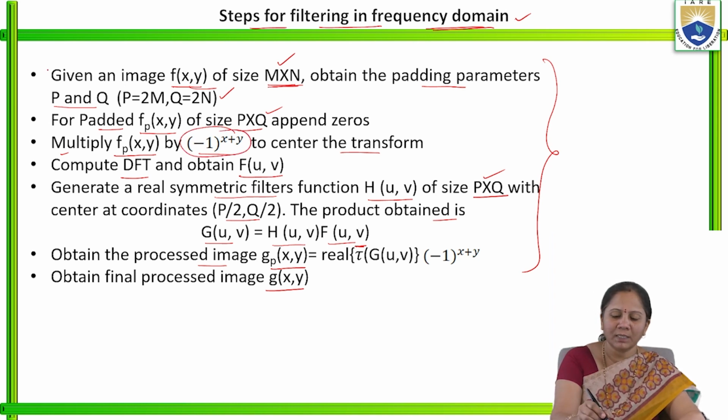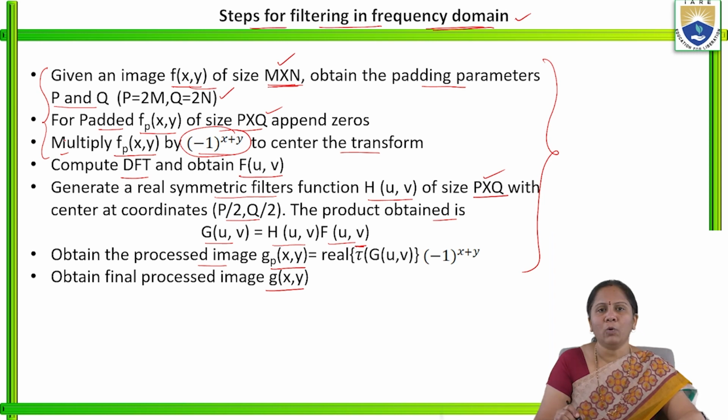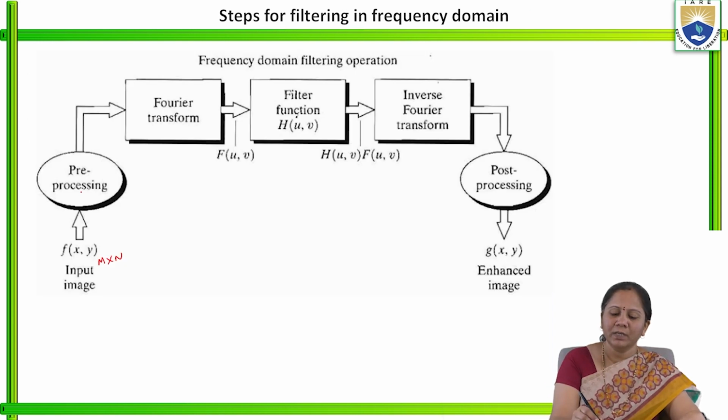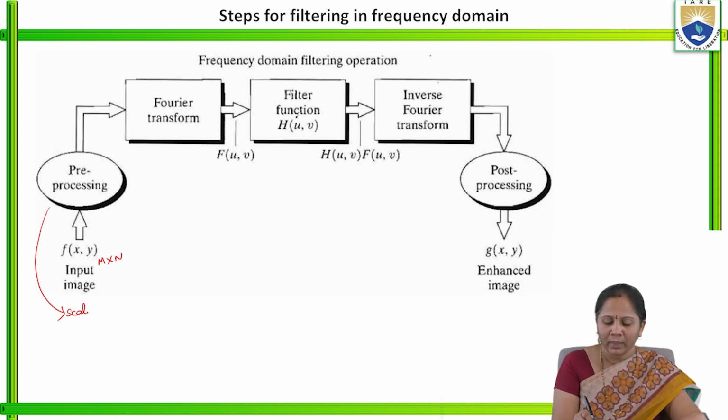All these steps are generally done under pre-processing. In the block diagram, we can observe this is the pre-processing we have done. In this pre-processing, initially scaling is performed, giving fp of x comma y. After that, the size of m by n has changed to p by q.